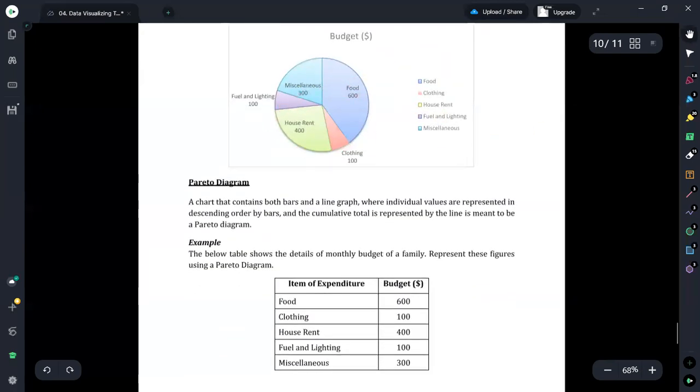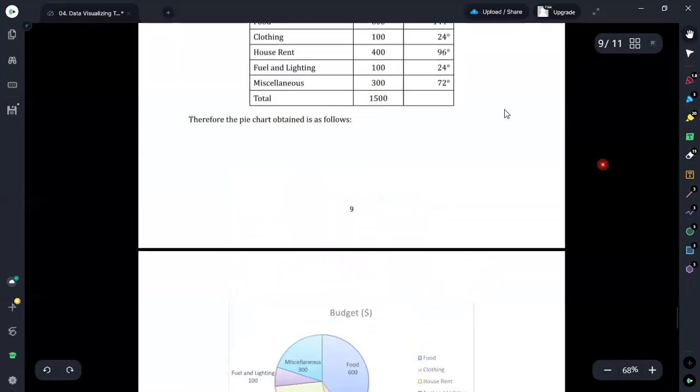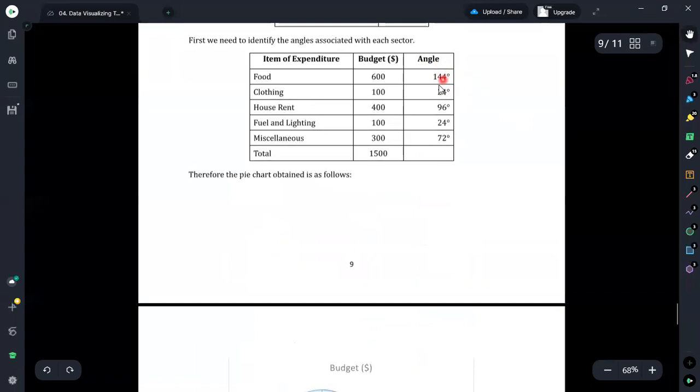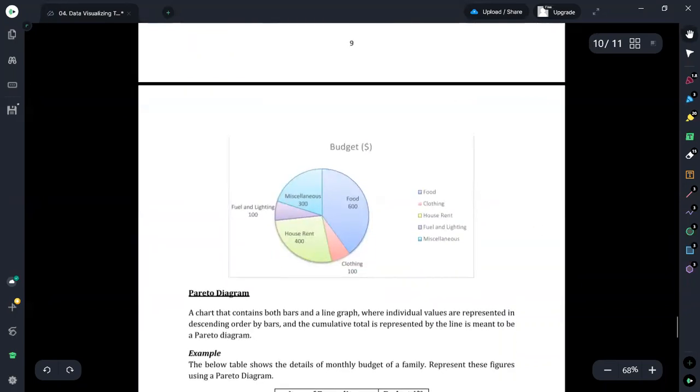What we have to do here is, we have identified the angles associated with each sector. For food it is 144 degrees. Generally we can start from the 0 degree line. Therefore first we have to draw a circle.